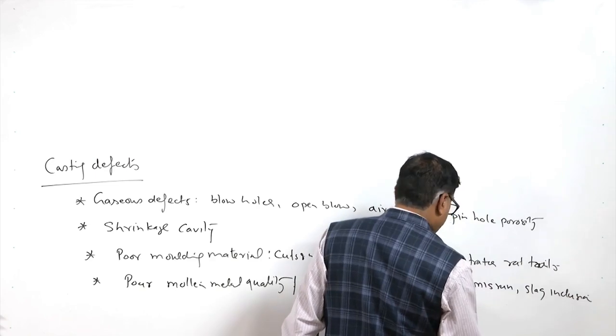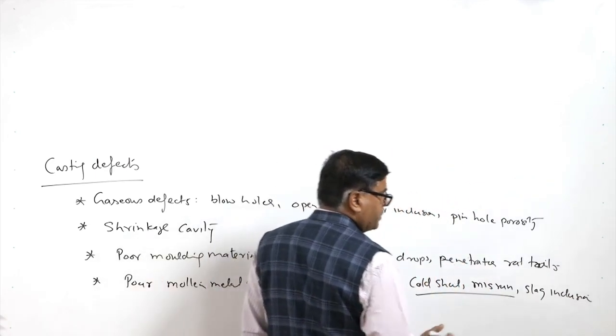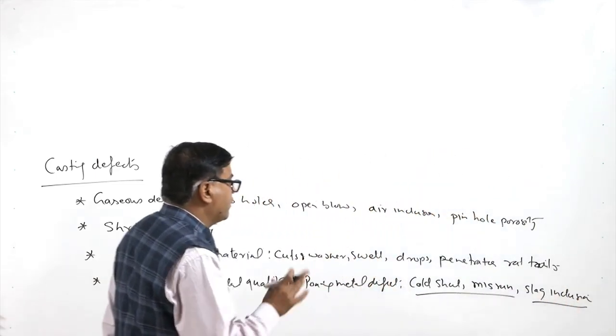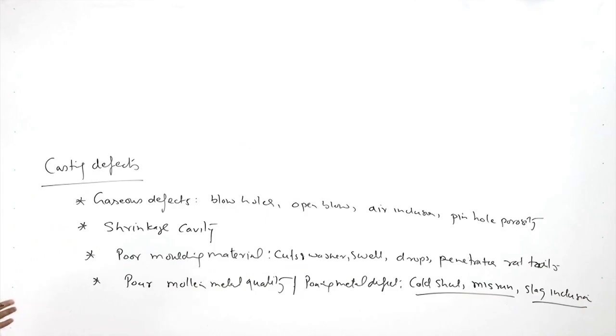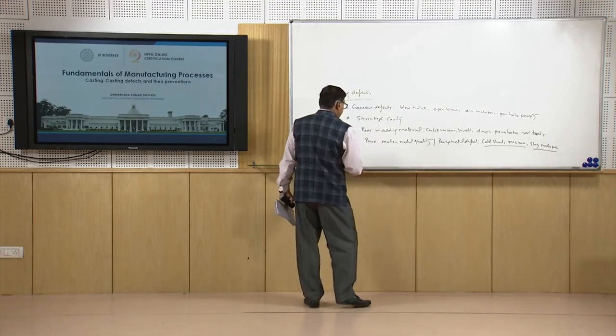The first two types are caused by improper control over the pouring temperature, and the third one is caused by improper filtration of the molten metal, because of which impurities get into the mold cavity.